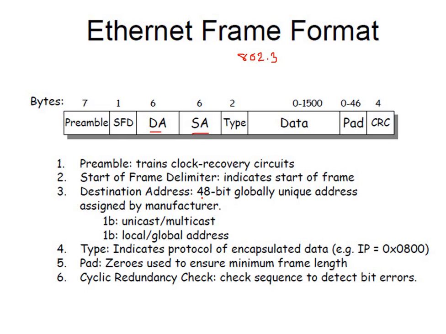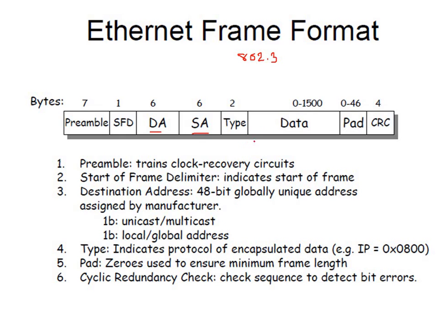We have already discussed it. Depending on that, it will be a unicast or multicast, or a local address or global address. So that will be decided by this one, and then the type. It indicates in which format the protocol of the encapsulated data is.